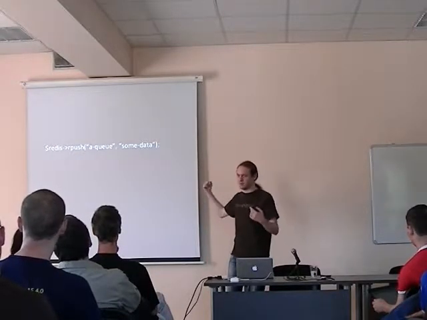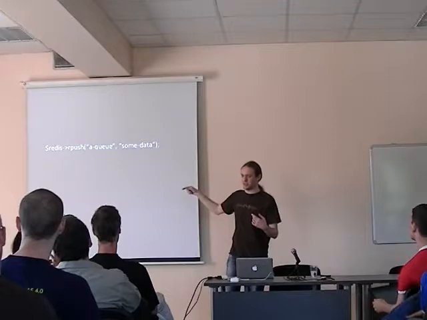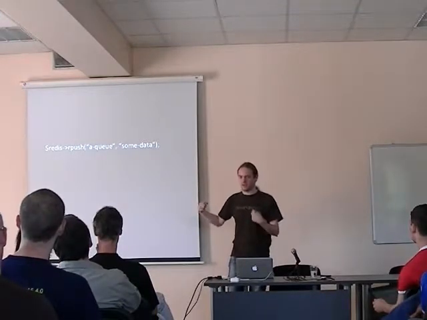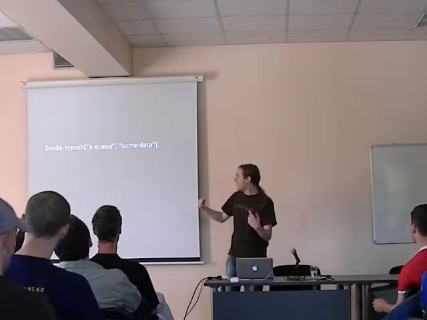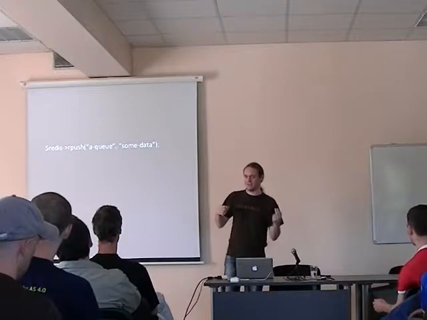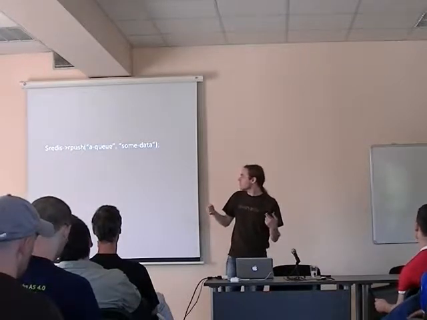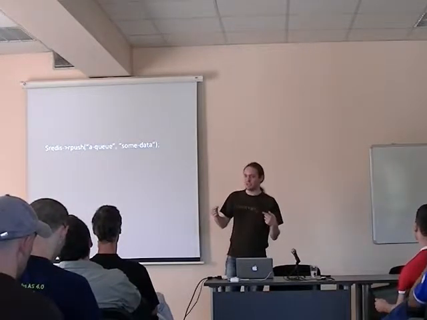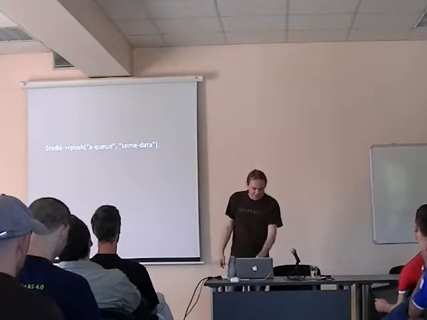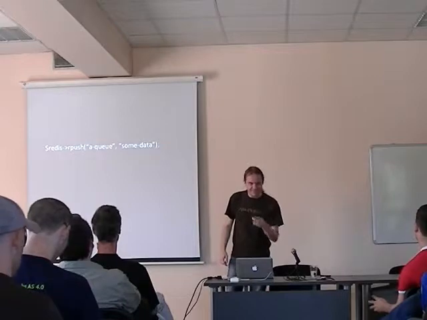So rpush is actually a normal push in Perl, whereas lpop is also a normal pop in Perl, but there's also the other way around. There's lpush, which is actually unshift in Perl, and there's rpop, which is, no, sorry, yeah, it's shift. Unshift, yes.